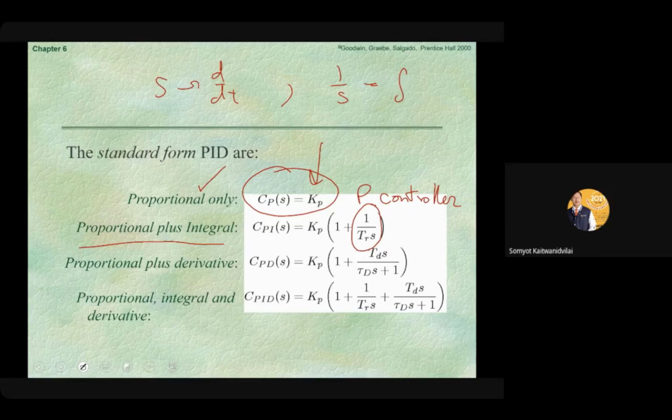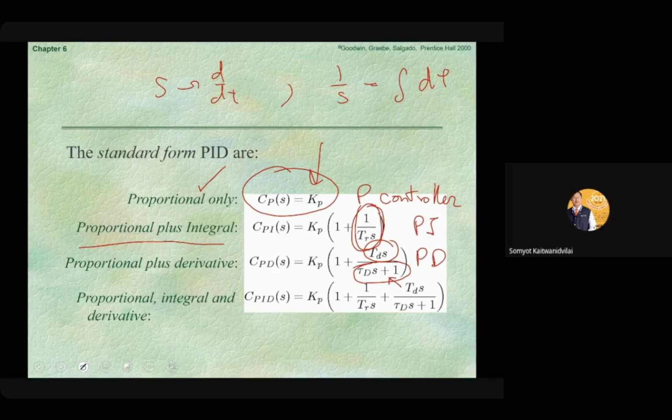If you see the integral here, you say it is a PI control. If you see the differentiate here, with another bit of filter, we'll talk about why we have this one later, this is a PD control. But if you have both parts, I and D, you have PID control.